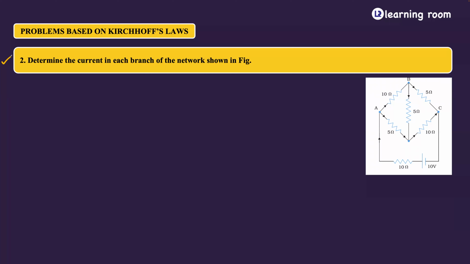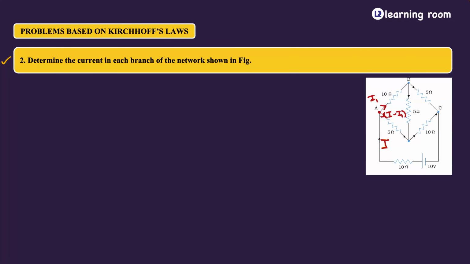But what I'm going to do now is take the total current supplied by the battery as I. At point A, the current gets split into two parts as I1 and I minus I1.